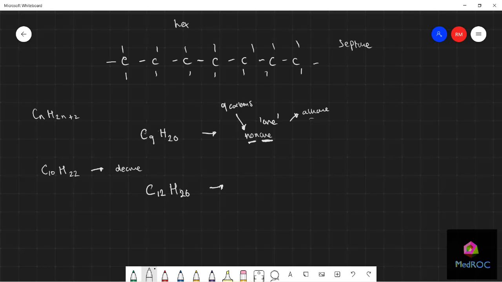So this molecule here would actually be called dodecane. Just as you would name some sort of 12-sided shape with a dodecahedron example.